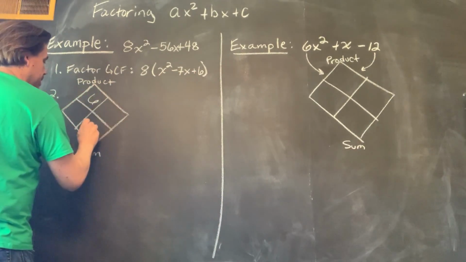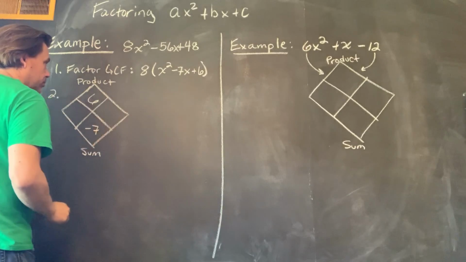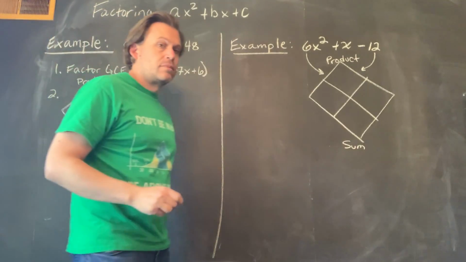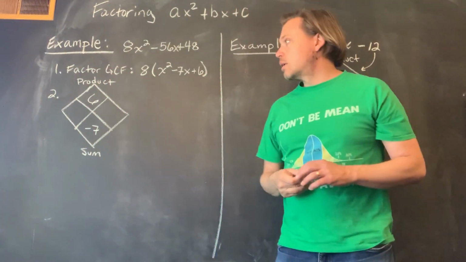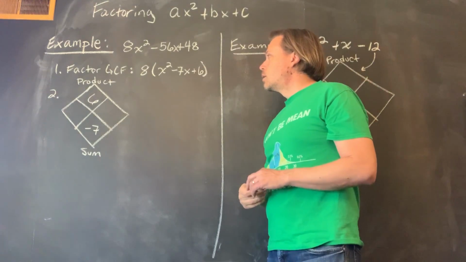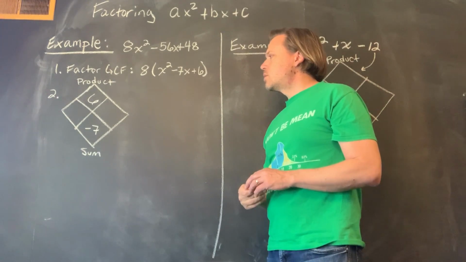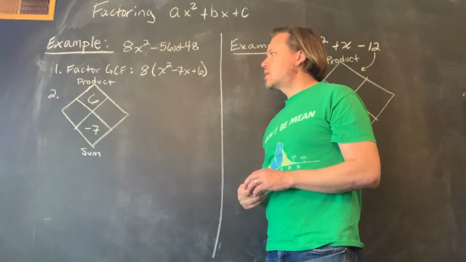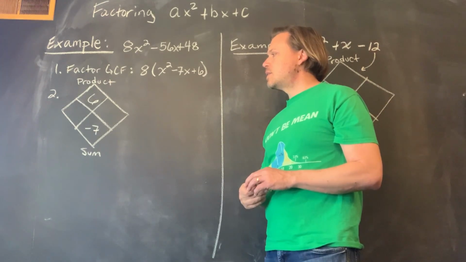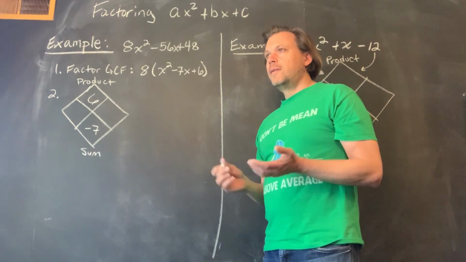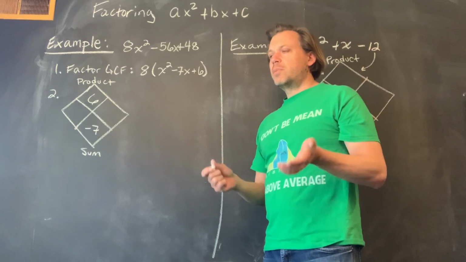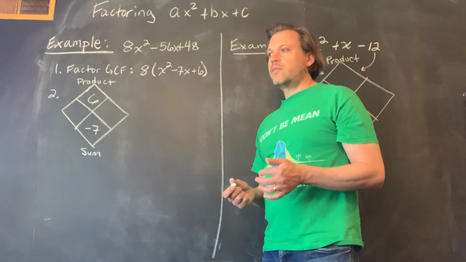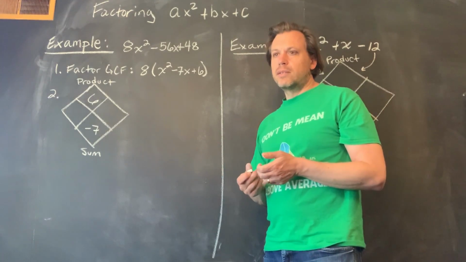The sum is minus 7. And when I multiply two terms to get 6, but they add to a negative number, two numbers multiplying to a positive number, but adding to a negative means they're both negative numbers.